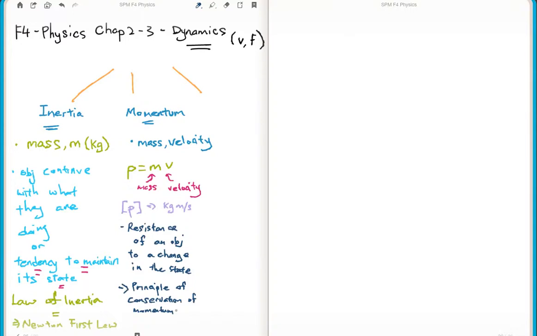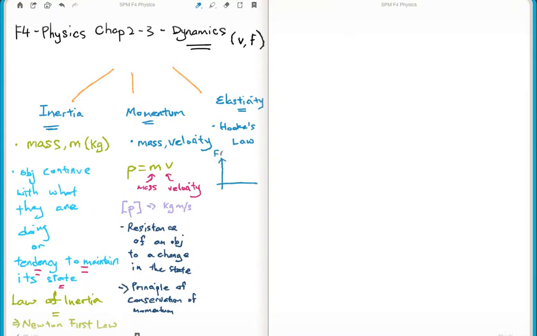Then the last thing you will learn in dynamics is called elasticity. Now in elasticity, you get to learn Hooke's law. Here I will talk about Hooke's law on another page later, but basically, what does Hooke's law say?